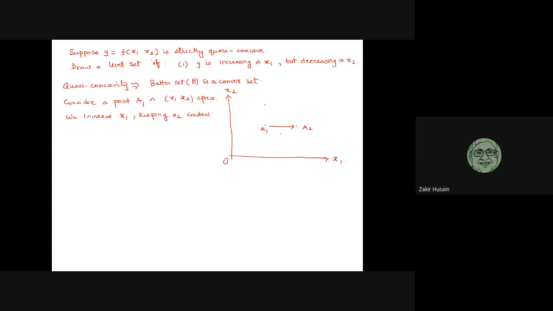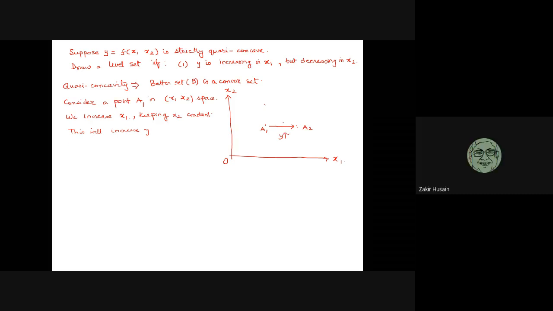Okay. So what will happen to y in that case? Will y increase or will y decrease? Sir, y will increase because it is written that y is increasing in x1, and here x1 is increasing, so y will also increase. Okay.